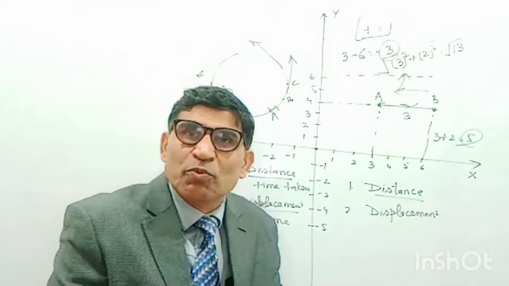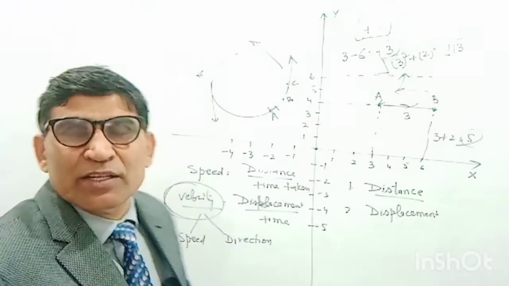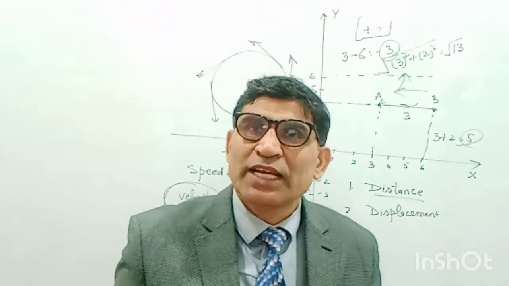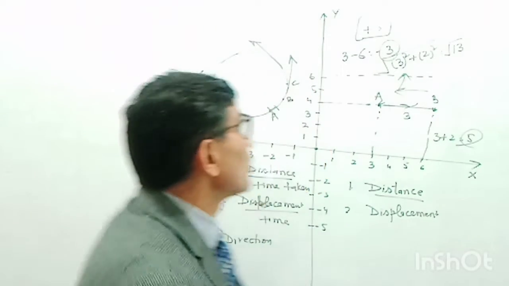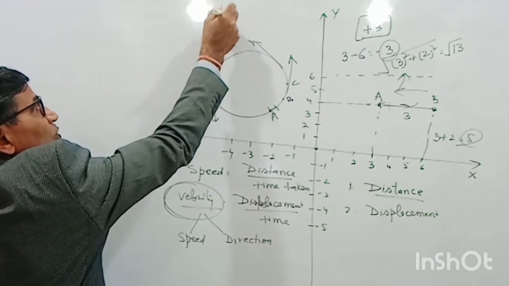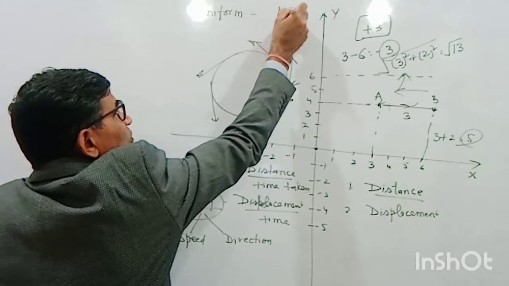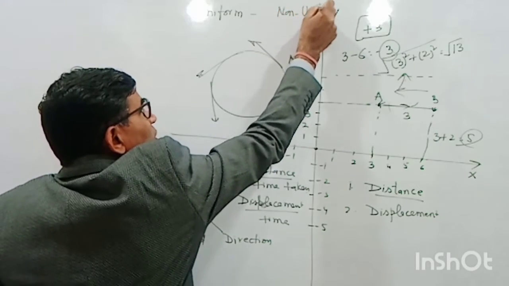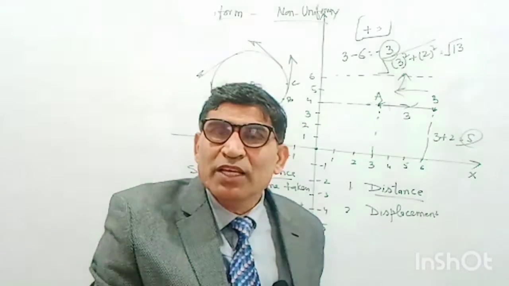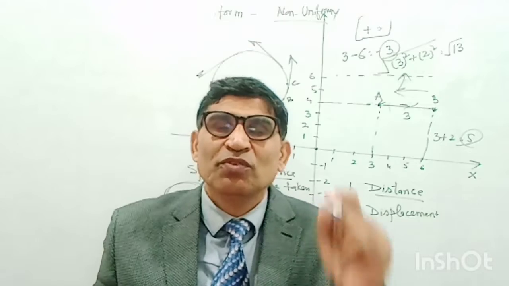Based upon this information about velocity, we divide motion into two parts: one is uniform motion and the second is non-uniform motion. If a body is moving in a fixed direction with a fixed speed, it is said to be uniform motion.